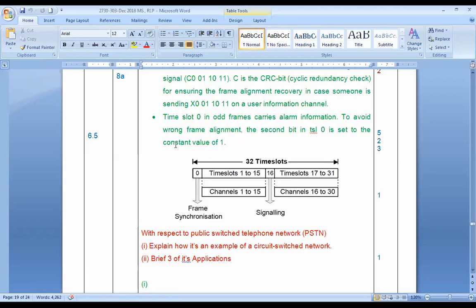In these packets, it is a binary combination. Information is all in the form of binary, because these days we are very much dependent on the digital mode of communication.